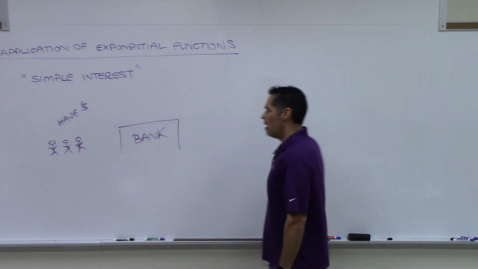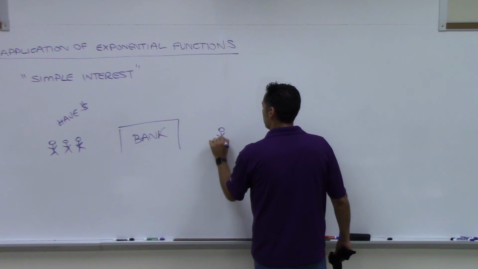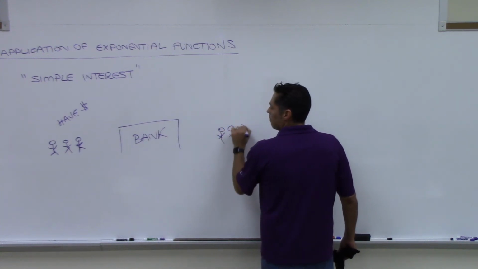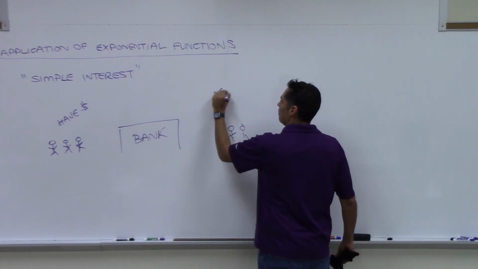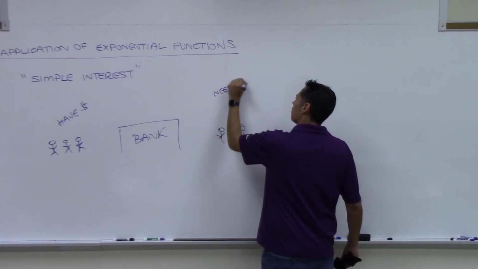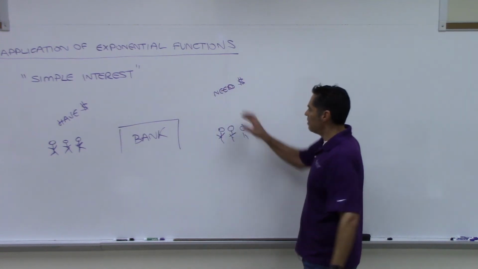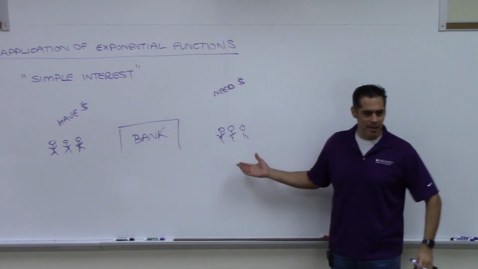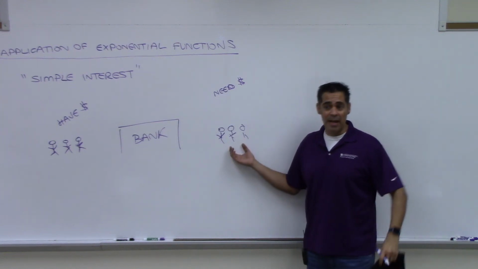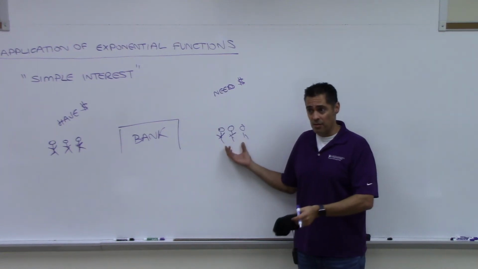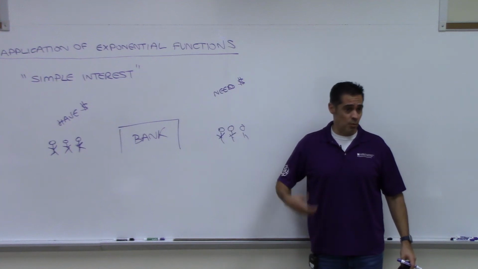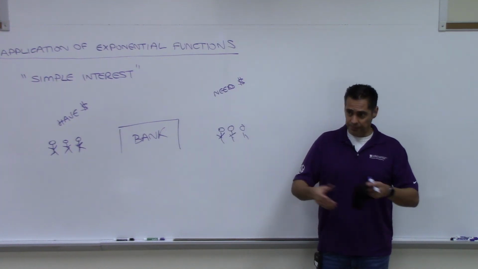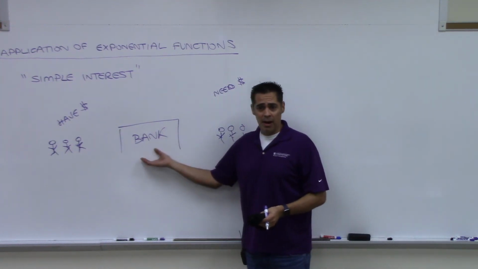And then you've got people over here that need money. Now, I'm not trying to say these people are broke or anything. I'm just saying that this person wants to buy a car. This person wants to buy a house. They don't have the cash, so what do they do? They go to the bank. They borrow money from the bank.